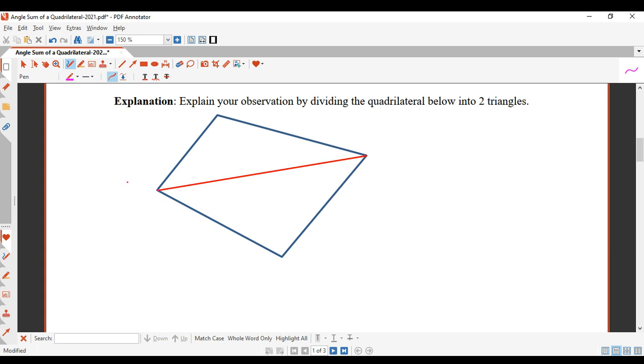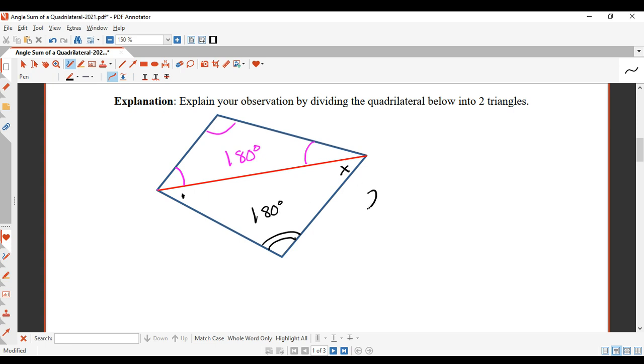Now, what we know is that the three angles of any triangle add up to 180 degrees, don't they? So those three angles I just marked add up to 180 degrees. And if you look at the triangle below, this angle plus this angle plus this angle also adds up to 180 degrees, doesn't it?